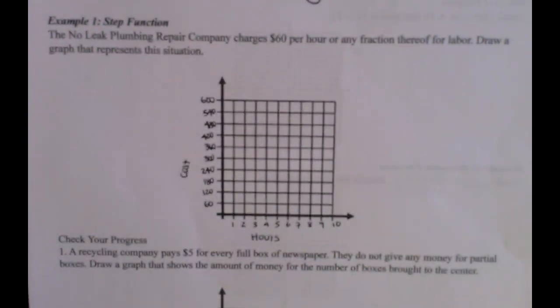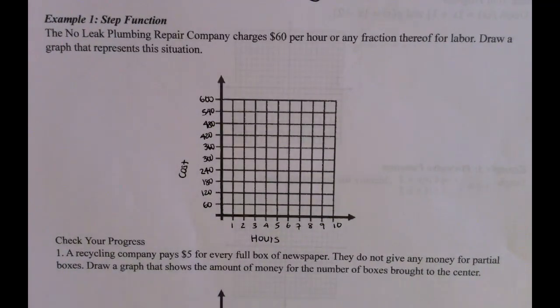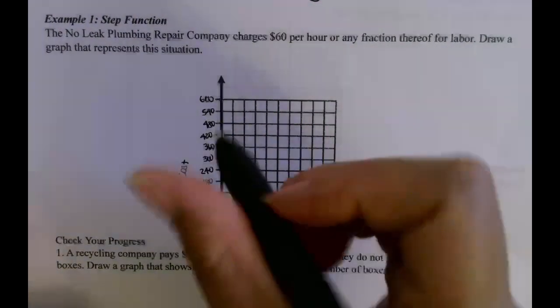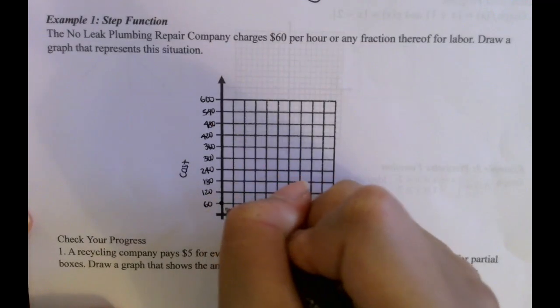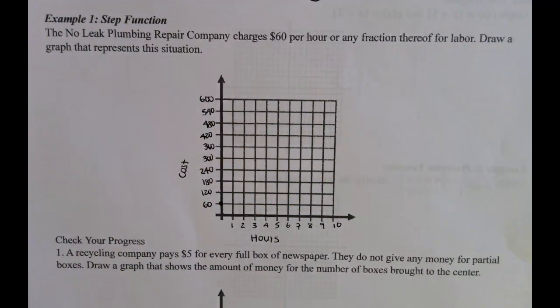So even if my work only takes 30 minutes or whatever, it's still going to charge me for that whole hour. Okay, so that means up until that first hour, it's going to charge me $60.